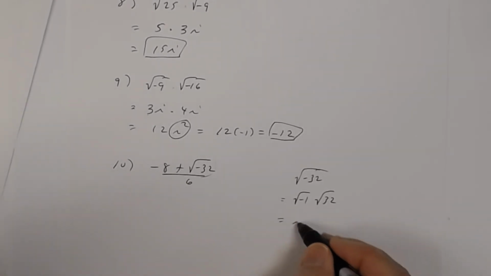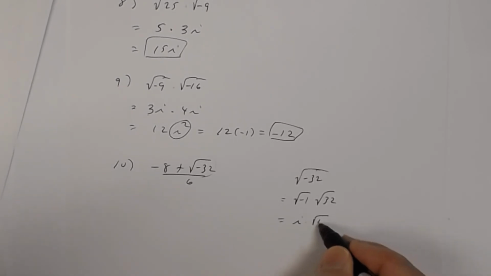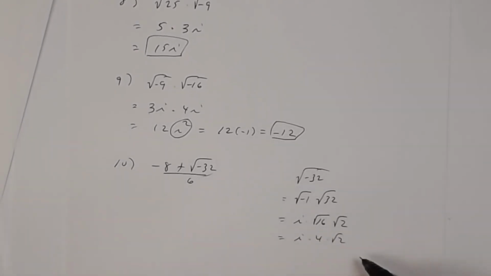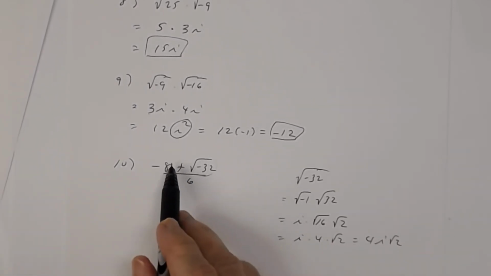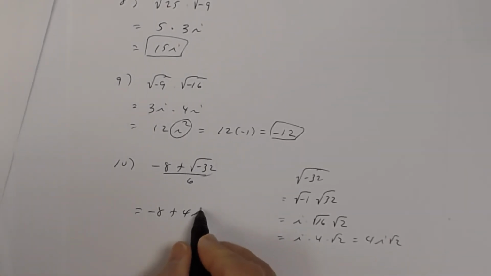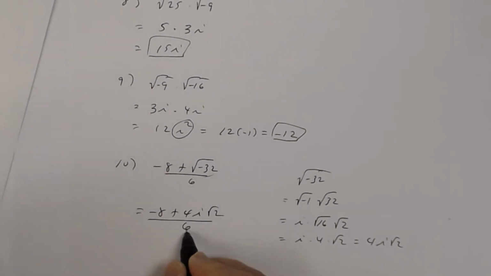So this becomes i times the square root of 16 times the square root of 2. And so the square root of 16 is 4. So this is i times 4 times the square root of 2. And again, let's put the i between the 4 and the square root of 2. So that's 4i square root of 2. So that's going to go here. So this becomes negative 8 plus 4i square root of 2, divided by 6.